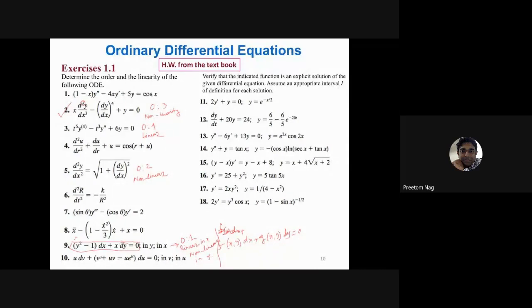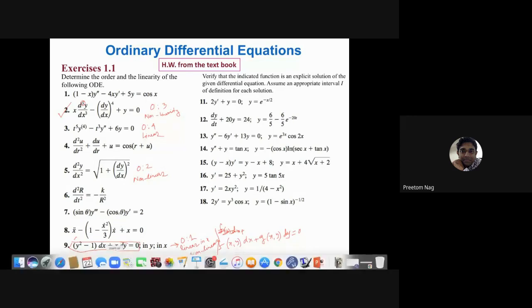Do you all understand? So an MCQ question could be: which one of the following is true for these differential equations? Order 1, linear in x, non-linear in y is the right answer. So we have got an idea of linearity, non-linearity and order of differential equations. Alright?